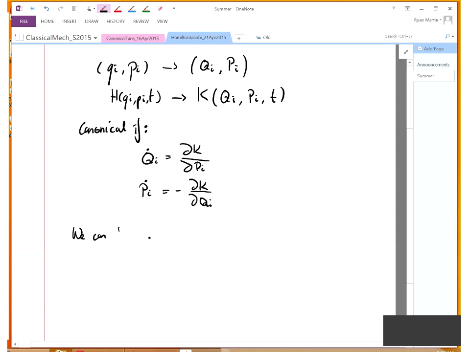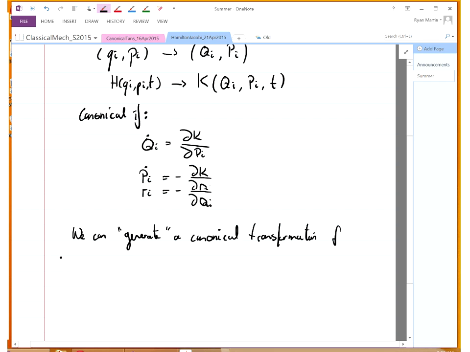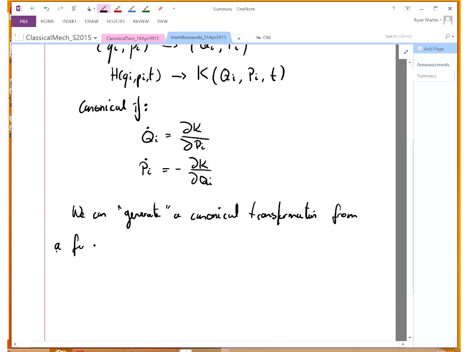We can generate a canonical transformation from a function F, where F depends on a mix of new and old coordinates.